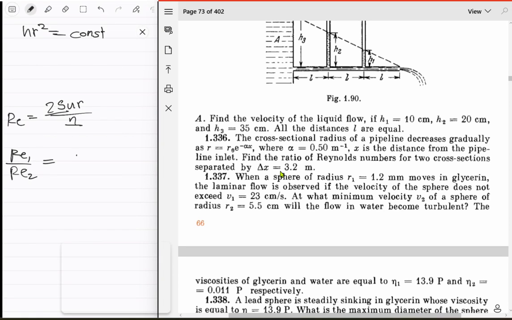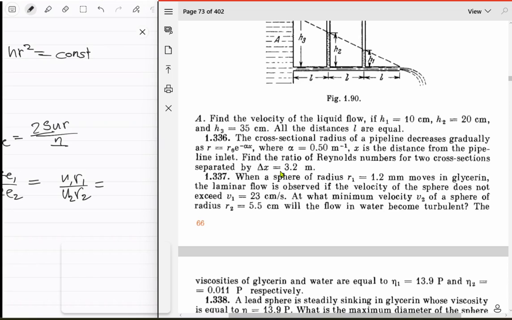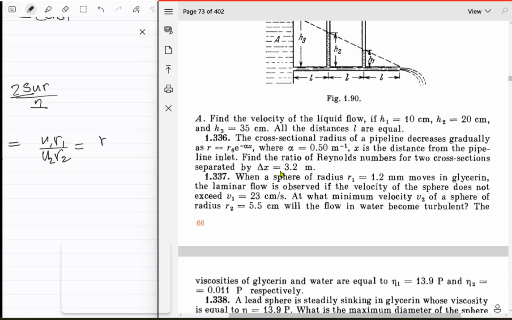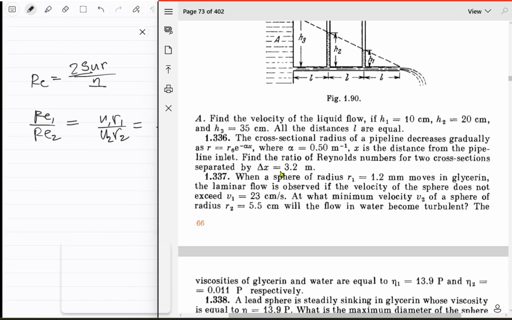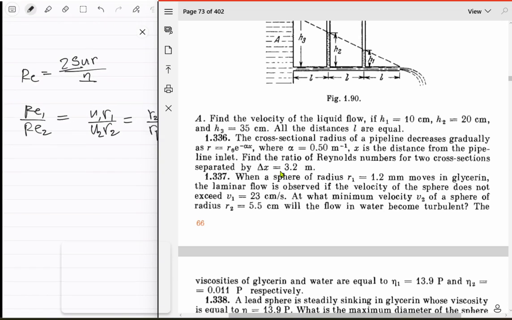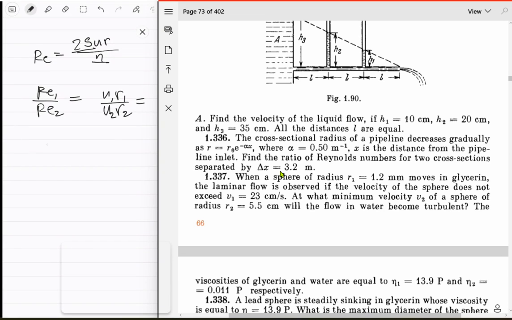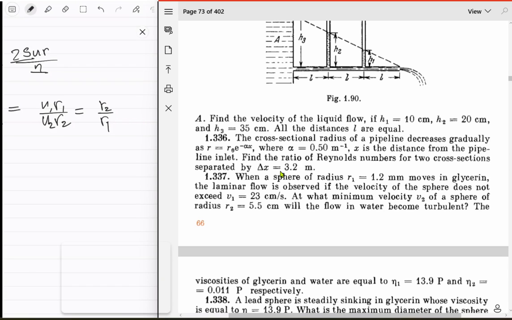So it's just u1 r1 upon u2 r2, and u is proportional to 1 upon r squared, so it's just r2 upon r1. It's proportional to that. Or you can just say the inverse is also true. So RE2 upon RE1 is equal to R1 upon R2.